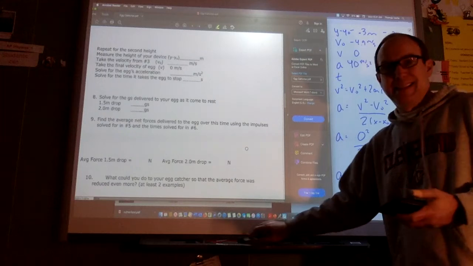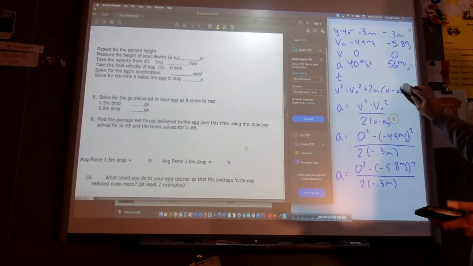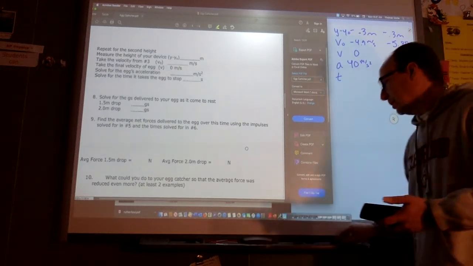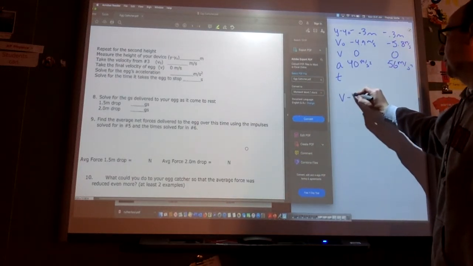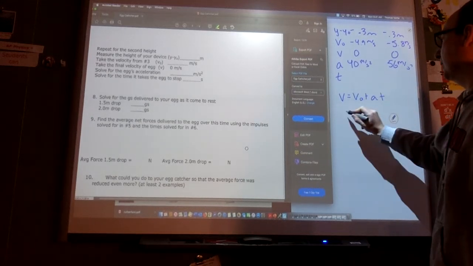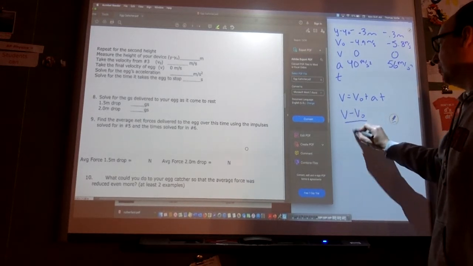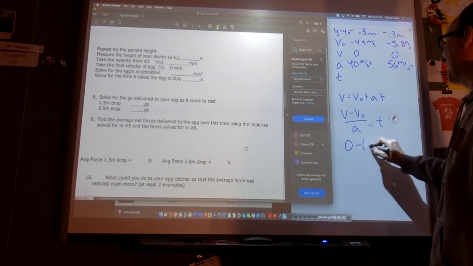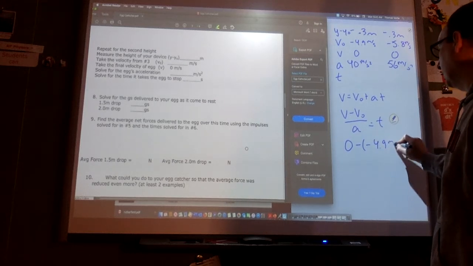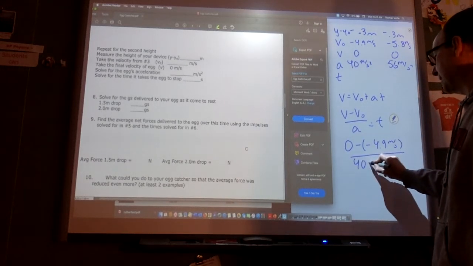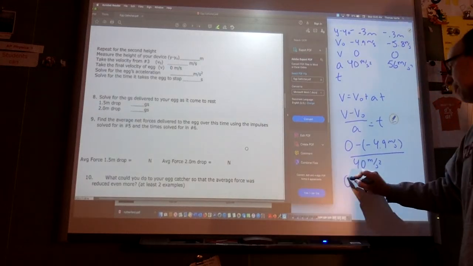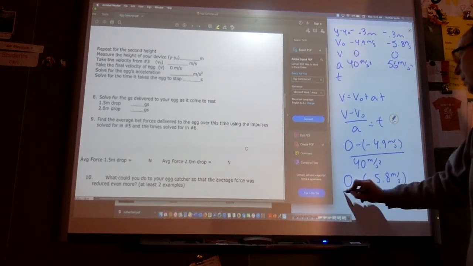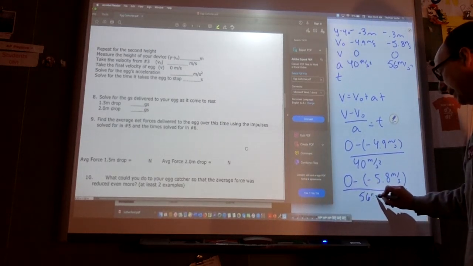All right, so I'm going to erase this so I can do the times. So v equals v naught plus at. So v minus v naught over a would be your t. So this is going to be 0 minus a negative 4.9 over a positive 40, and 0 minus a negative 5.8 over positive 56.